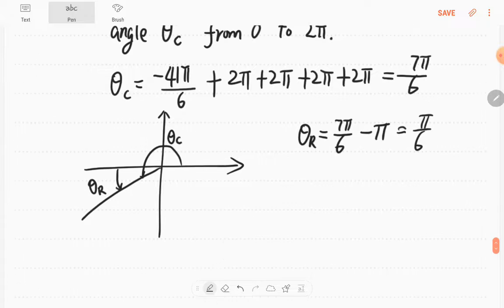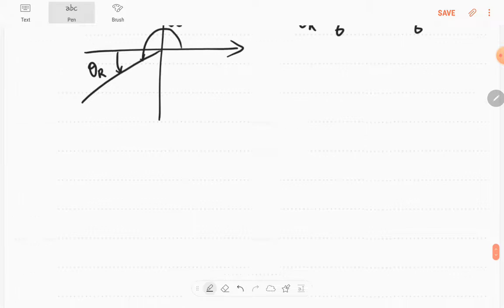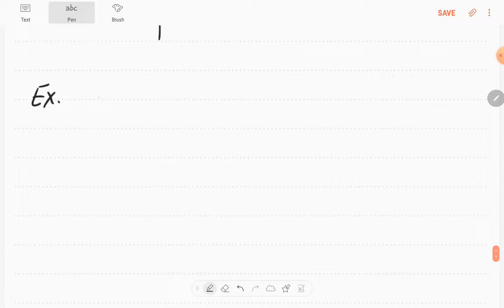So if our theta, another example, if our theta is equal to 24 pi over 9. So if you simplify, this one is 8 pi over 3, right? 8 pi over 3, which is greater than 2 pi, because 2 pi is 6 pi over 3.